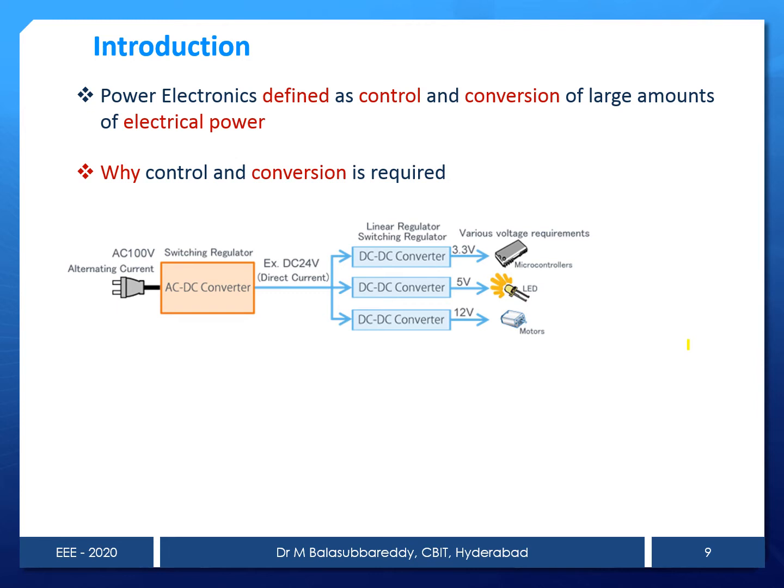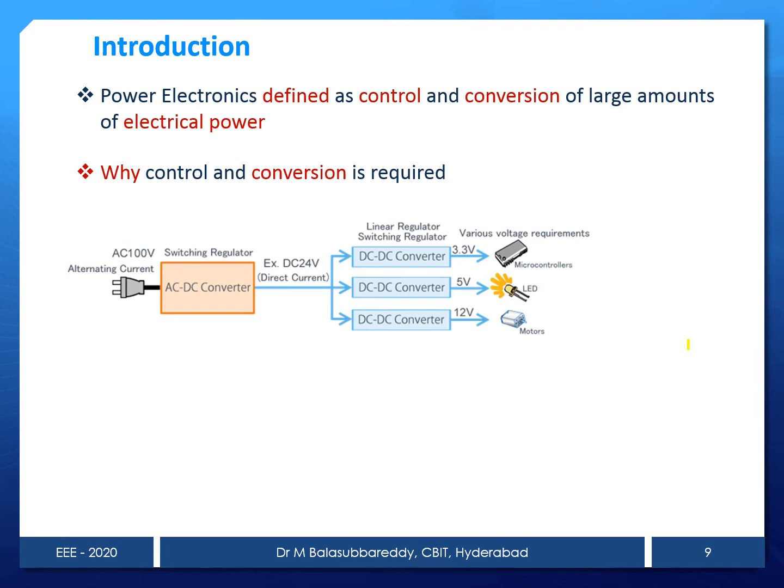When AC is available, but our applications all require a DC component, how can we work with this? So this small diagram represents one thing: we have to convert AC into DC. That means we need to use an AC to DC converter.